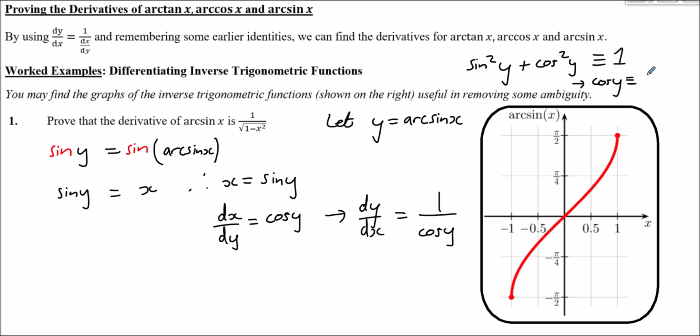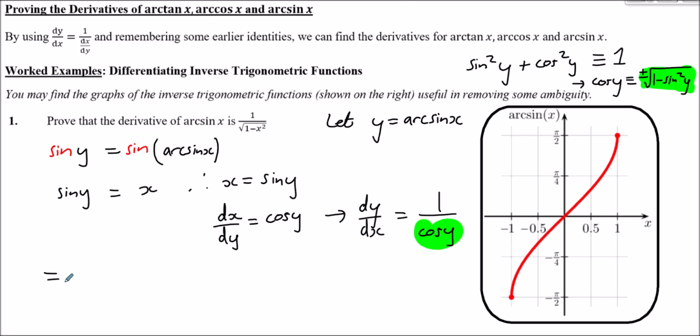So therefore, cos y is always going to be the square root, remember, plus or minus 1 minus sine squared y. So what we're going to do here is switch cos y in place of what it is in terms of sine squared. So cos y is actually this. So I'm going to replace cos y with it written in this form.